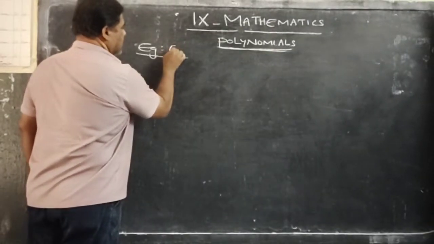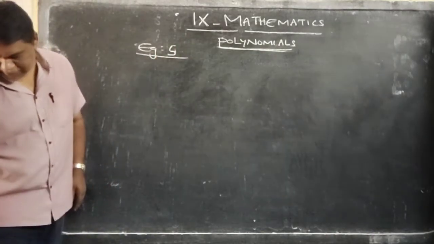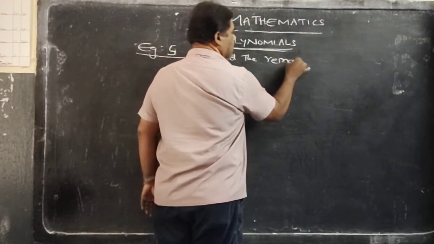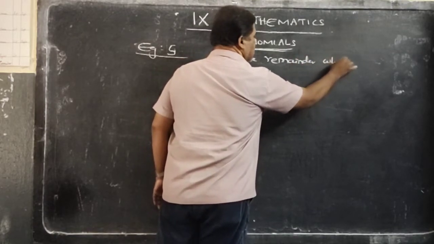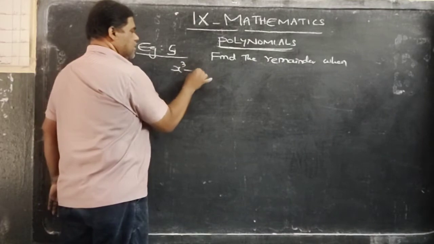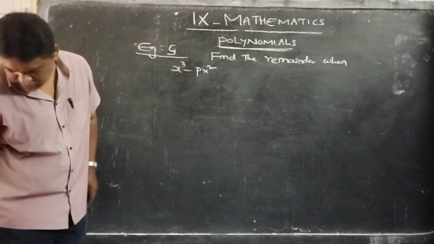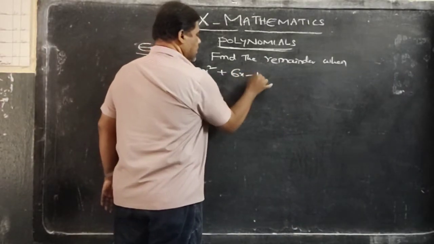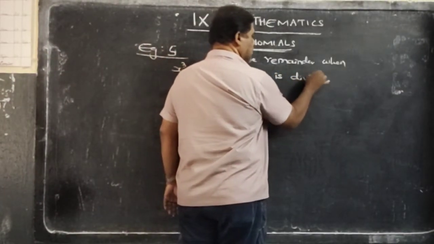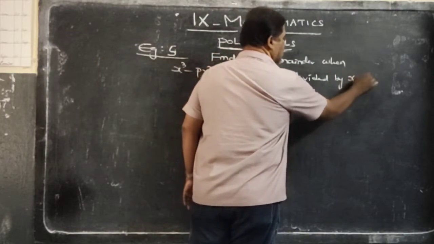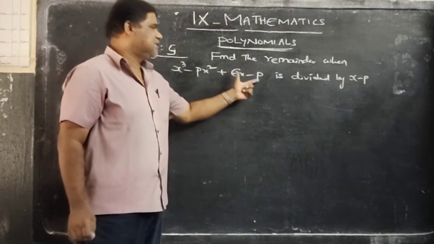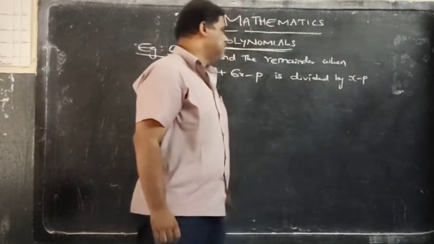Right, next one. Find the remainder when x cube minus px square plus 6x minus p is divided by x minus p.